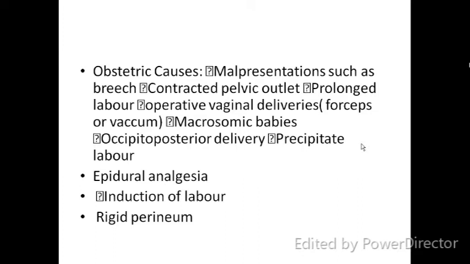Normally the time limit in a primigravida is 12 hours for normal delivery, from first stage to delivery of the baby, but in precipitate labor it is cut short to half. Within 6 hours she will deliver. The progress and expulsion are so fast that it causes perineal tear. The muscles do not get properly relaxed. Other causes are epidural analgesia, induction of labor, and rigid perineum.